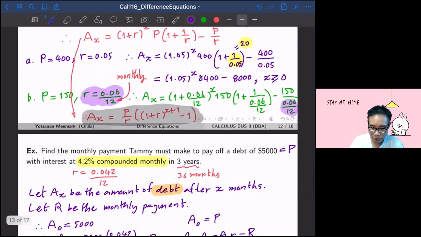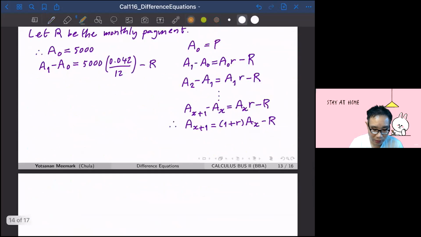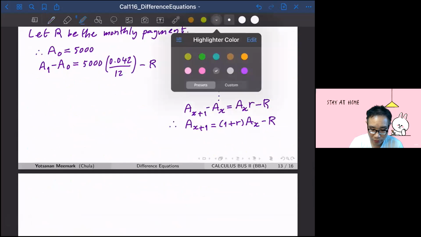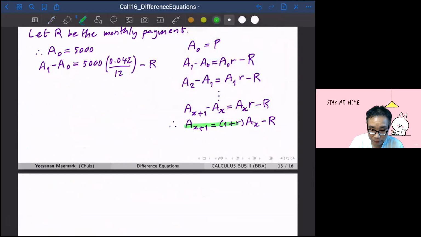So this one will be the green one as you have seen before.